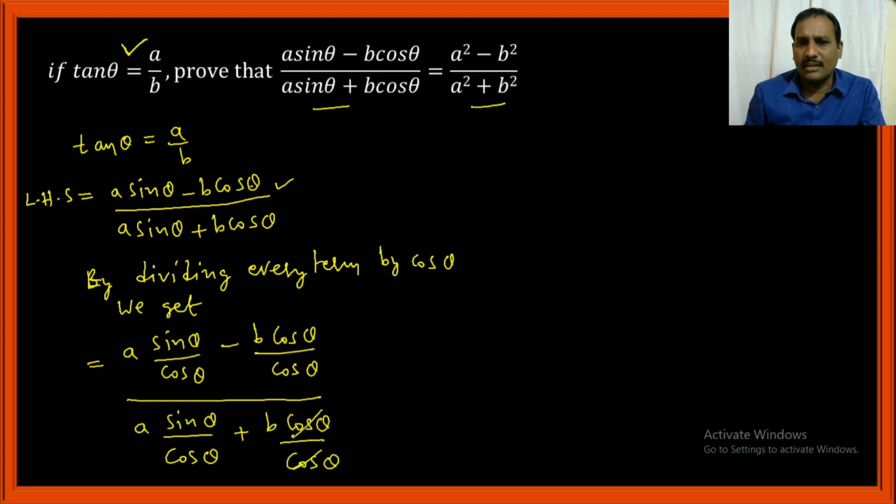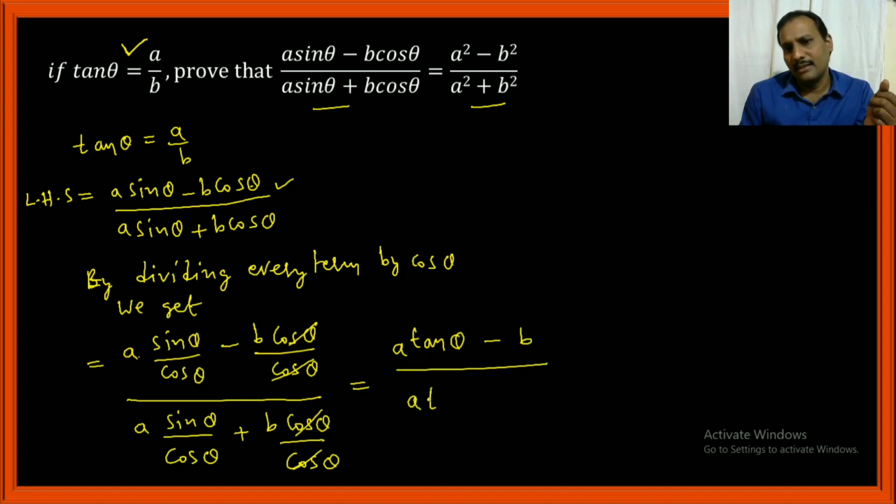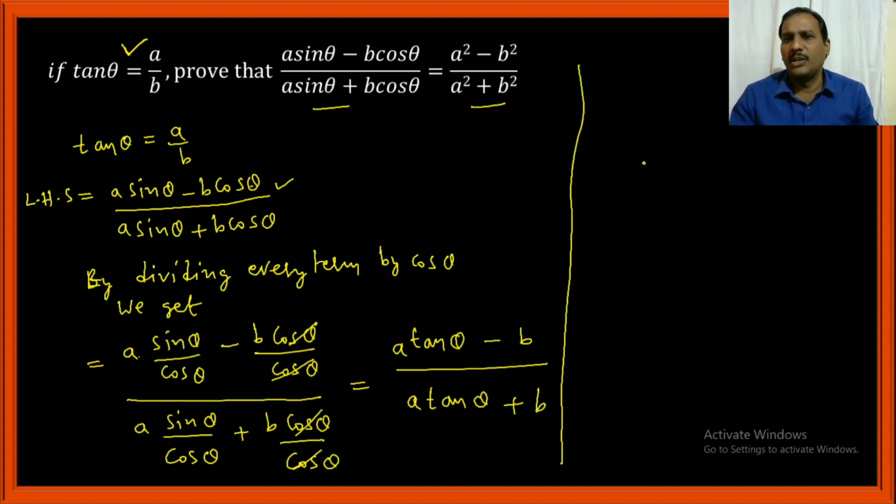So cos theta cancels in the denominator, cos theta cancels in the numerator. So what is remaining here? A sin theta by cos theta is tan theta minus B by again sin theta by cos theta, that is tan theta plus B. But we have the tan theta value.